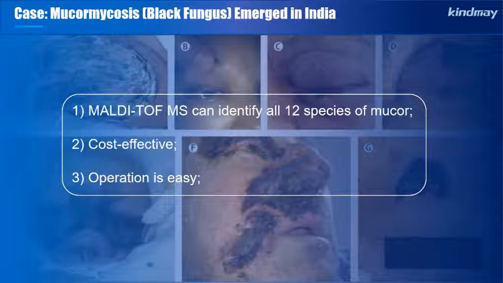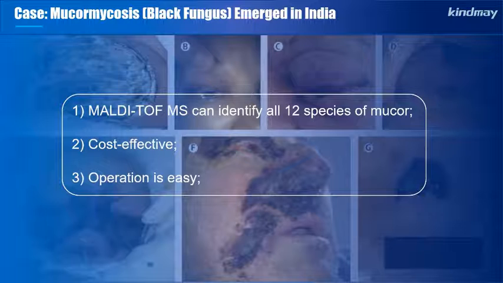The first, the MALDITOF mass spectrometer can identify all 12 species of mucor, but PCR cannot test all, because PCR needs specific reagent for different fungi, and for some species of mucor there is no reagent.